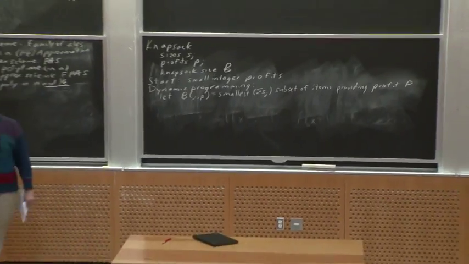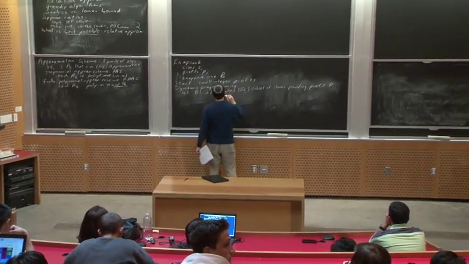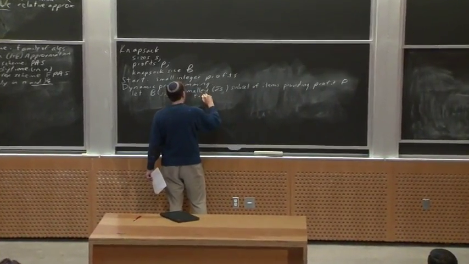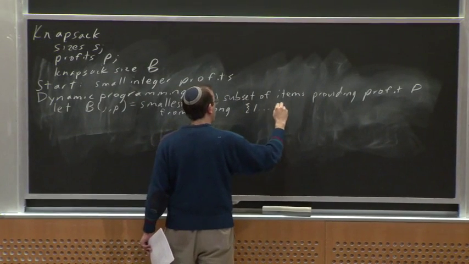What is J in the... Good. Sorry, thank you. It's the smallest subset of items providing profit P from among the set of items 1 through J.